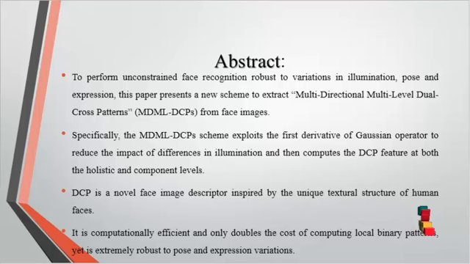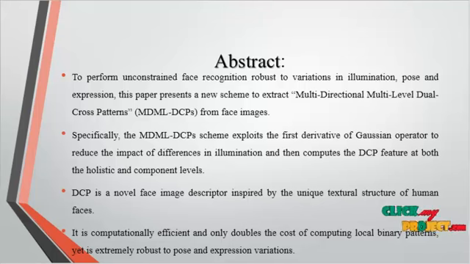Hence this process is implemented to register attendance management by digital computing. The process is efficient, especially the DCP scheme, which exploits the first derivative of Gaussian operator to reduce the impact of differences in illumination, then computes the DCP features at both the holistic and component level.